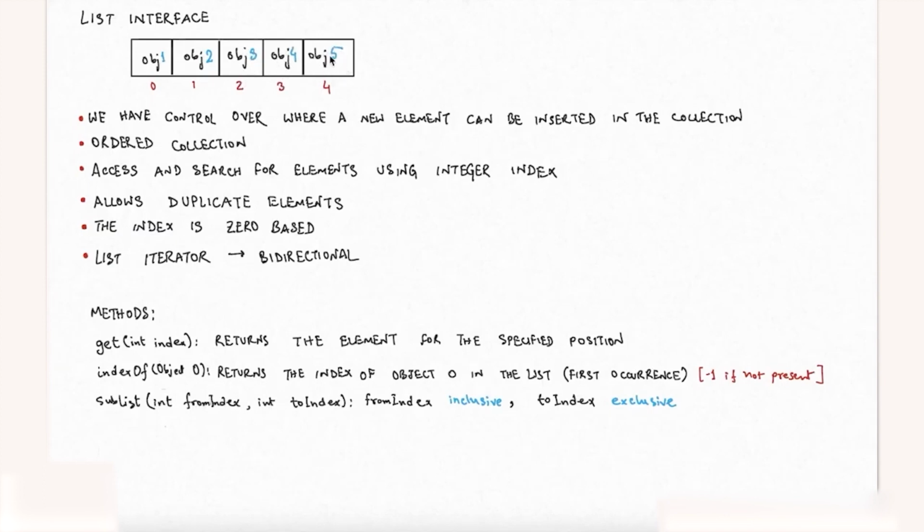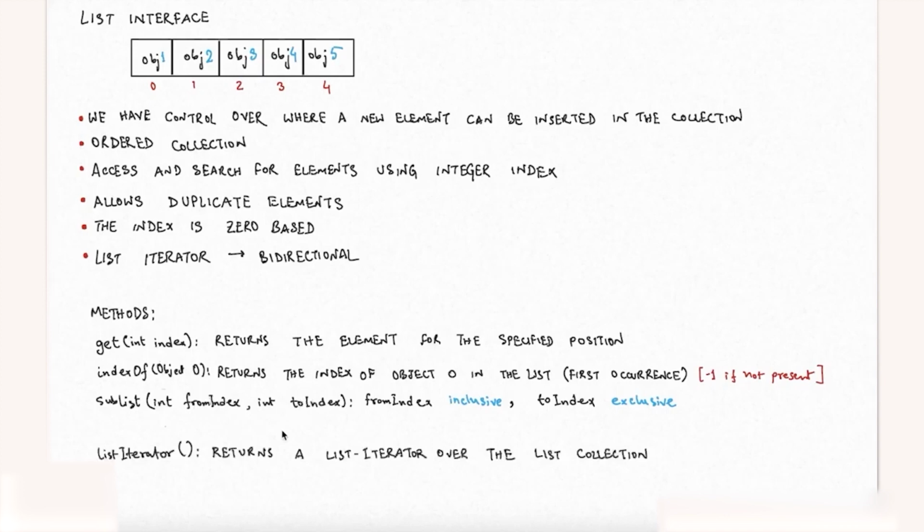But object 5 will not be returned because the index 4 is excluded. So the fromIndex is inclusive and the toIndex is exclusive. And the subList method returns a list that contains the objects starting from the fromIndex and ending at toIndex minus 1. Again, if we have subList 2, 4, then a list would be returned where the object at 2 and the object at 3 is included, but the object at 4 is not included.